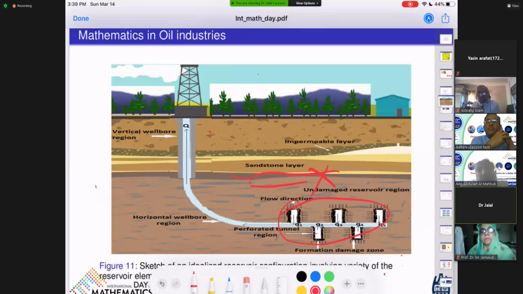I am not considering fracture here. I am considering when you drill the hole, you damage some area, right? This area is undamaged, and this is damaged. The black dots are the damaged zone. So this is the hole, and I am concentrating on this area, not on the fractured or unfractured zone.